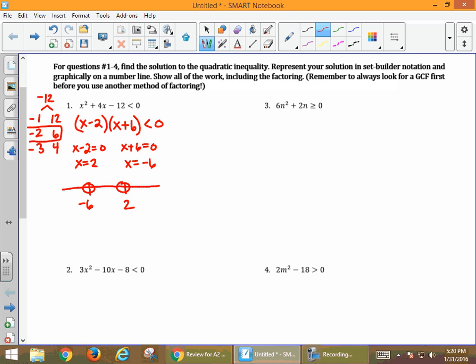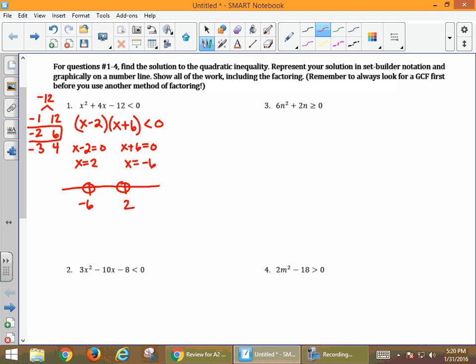And then we need to pick a point to see if it works in our function. So I would pick the point 0. 0 is located between negative 6 and 2. And if I were to plug it into the equation, I would get 0 squared plus 4 times 0 minus 12. That would mean negative 12 has to be less than 0. And it is.